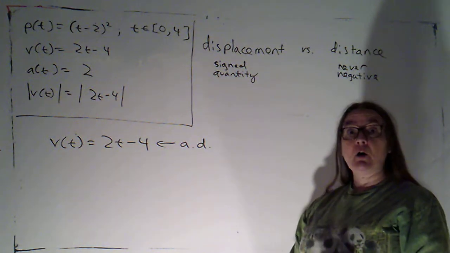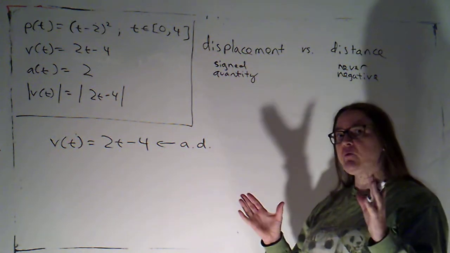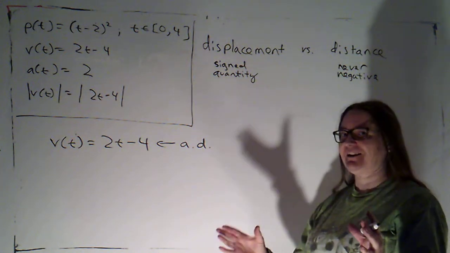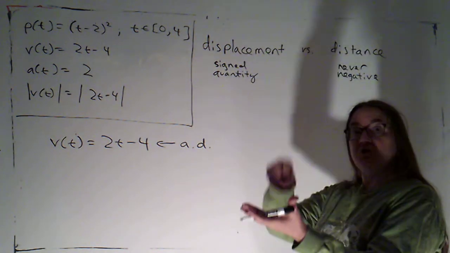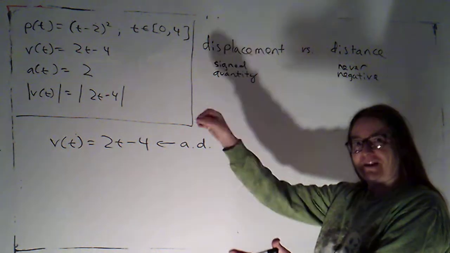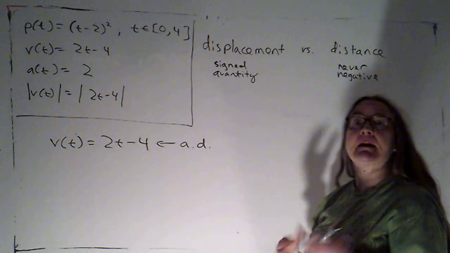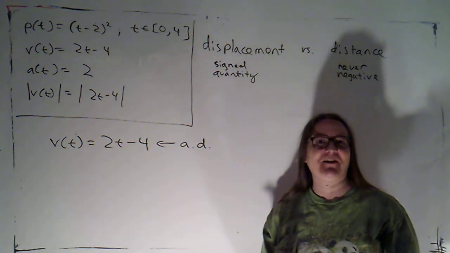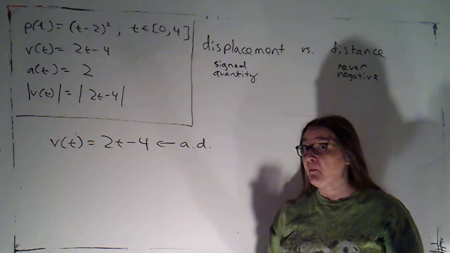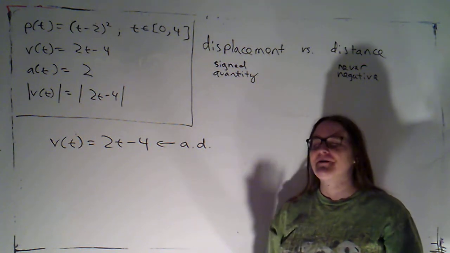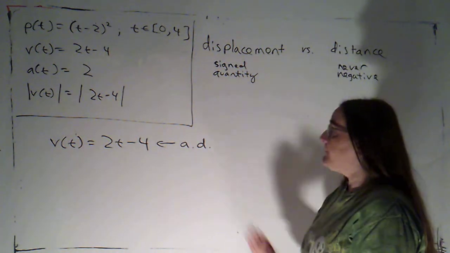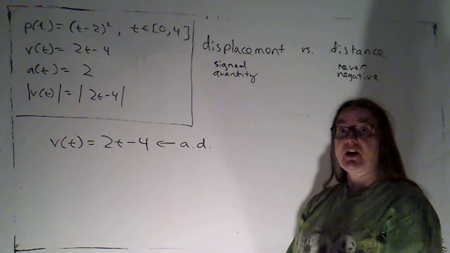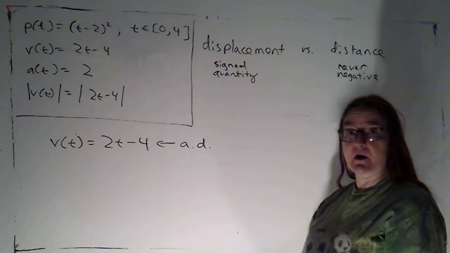If something is always defined, then the only way it can change sign is when it's 0. In general, something could jump from positive to negative or negative to positive, but if it did that, it would have to do so at a place where it was undefined. Because if the derivative jumps, it's at a place where the derivative isn't defined. Okay? So, if it's always defined, the only way it can change sign is by passing through 0.